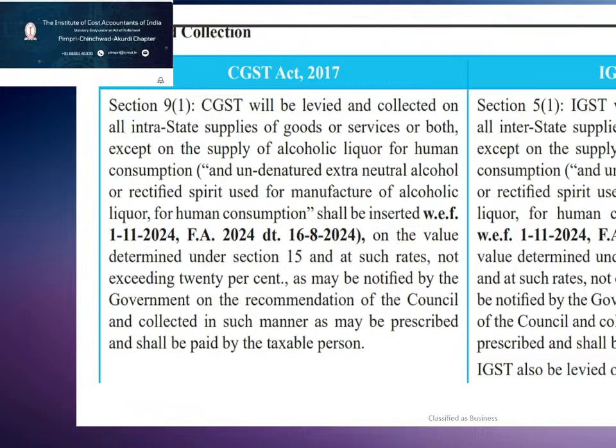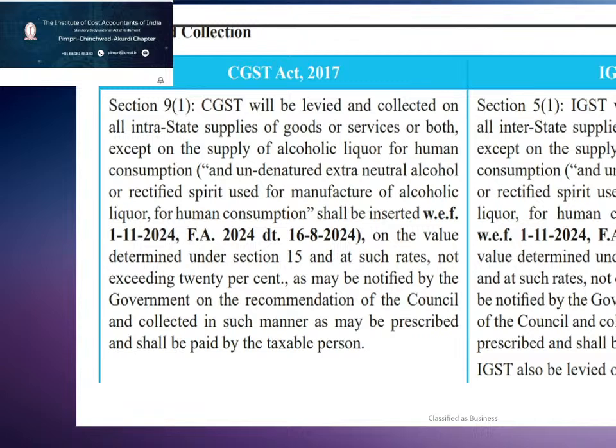But in case of reverse charge, what happens? Whoever buys from the supplier pays the tax. For example, if I am selling the goods to Mr. A, Mr. A will pay the GST, so that is the reverse charge mechanism. Now we will move on to the detail about section 9.